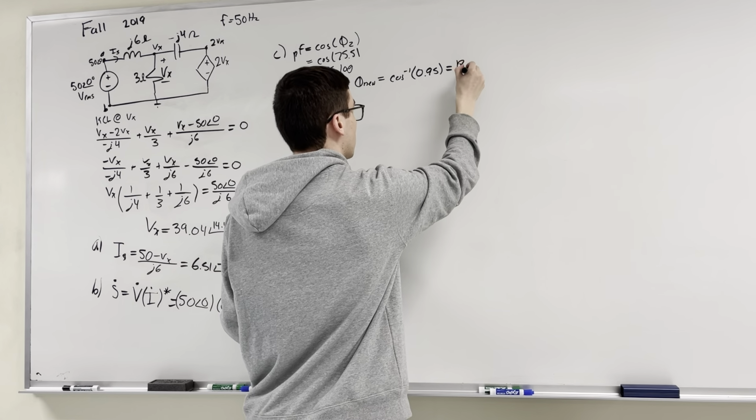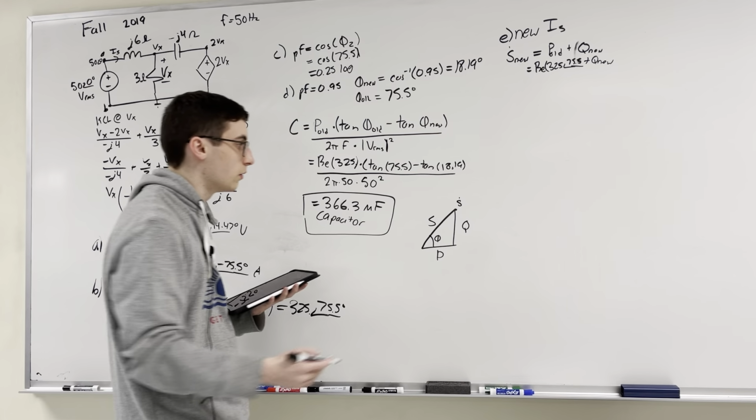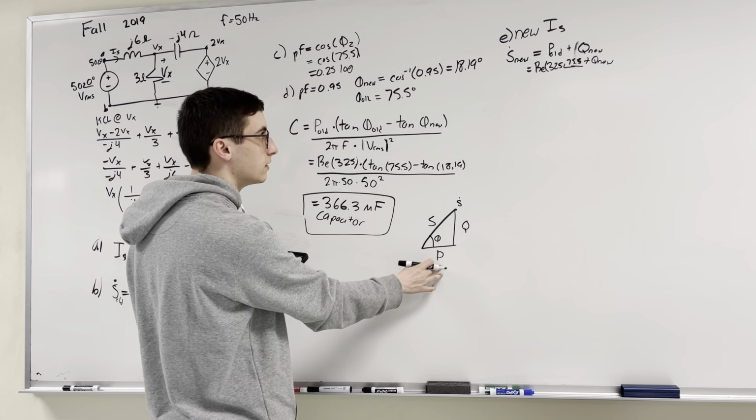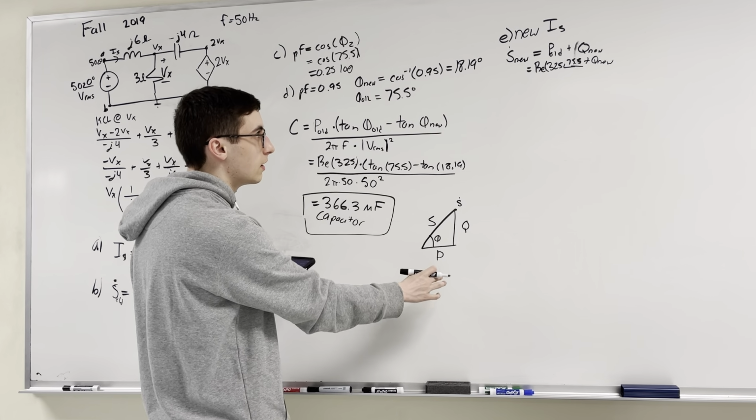So we have a triangle like this with Q, P, S complex, and then we have theta. To get our new Q, we have the power, because it stayed the same, and we have theta, which was 18.19.